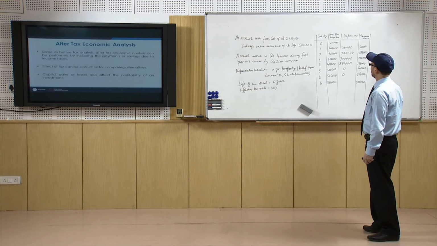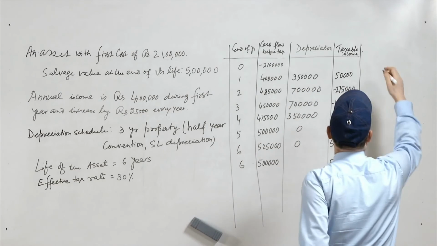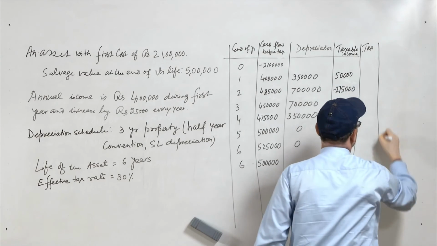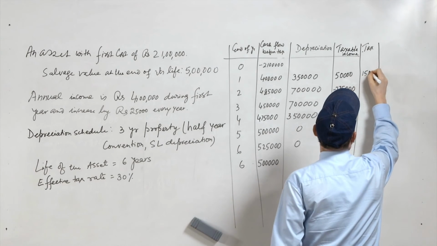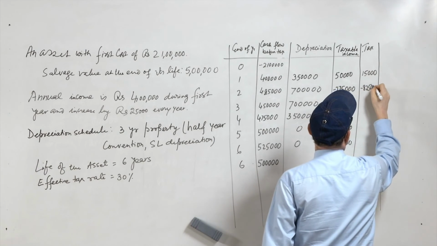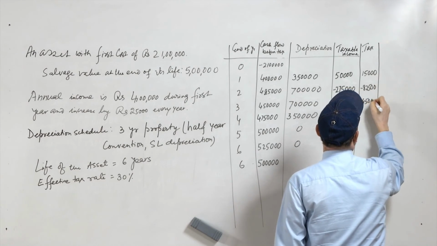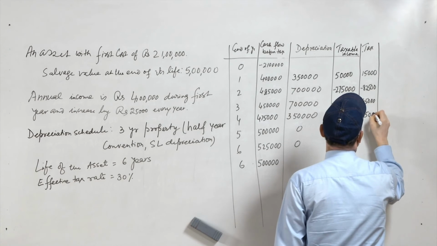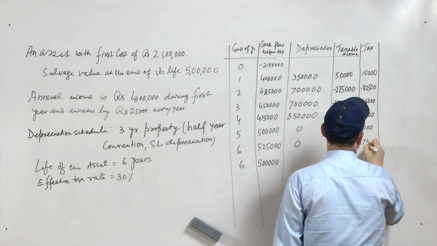Now, if the effective tax rate is 30%, in that case the tax is 15,000 here, 82,500 is the savings in the tax, 45,000 is the saving in the tax here, and this is 37,500, 15,000, 15,750.